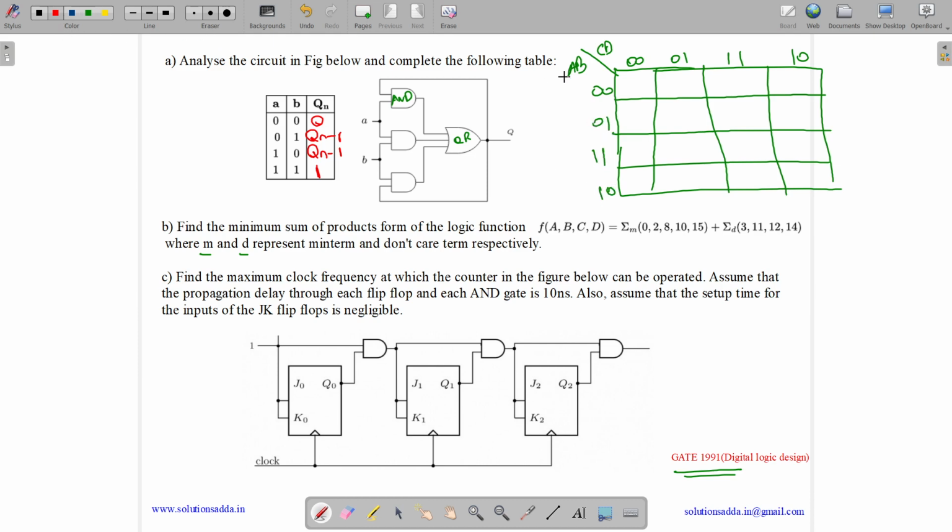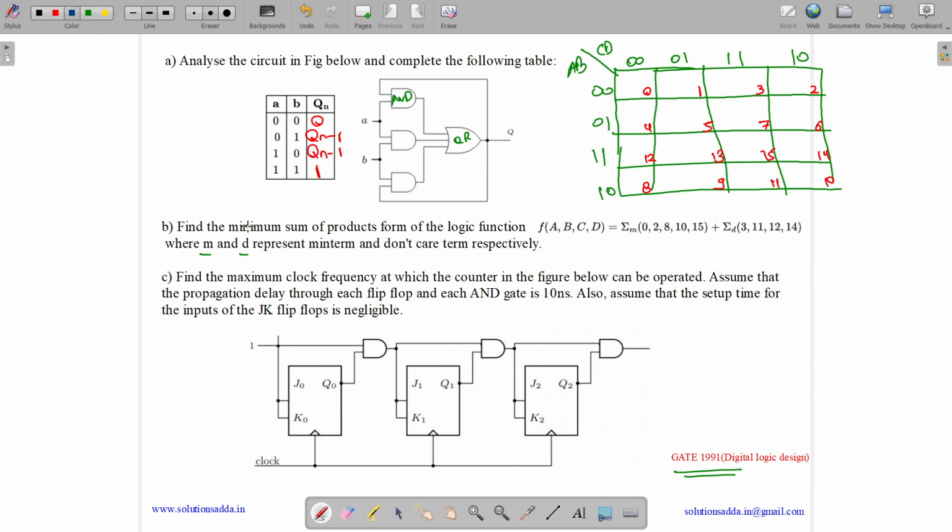Let me write the indices over here. 0000 is 0, 0001 is 1, 0011 is 3, 0010 is 2. Then this row is 4, 5, 6, 7, and this is 8, 9, 10, 11, 12, 13, 14 as well as 15.